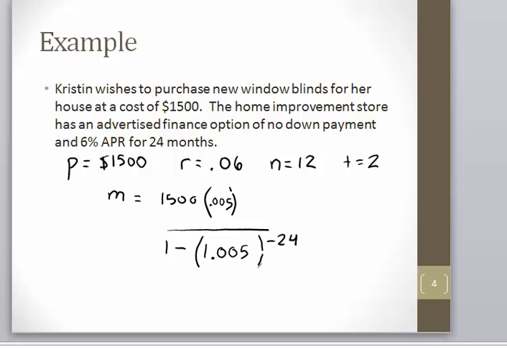Next, we can go ahead and do the multiplication in the top part of the fraction. So 1,500 times 0.005 is going to give me 7.5.